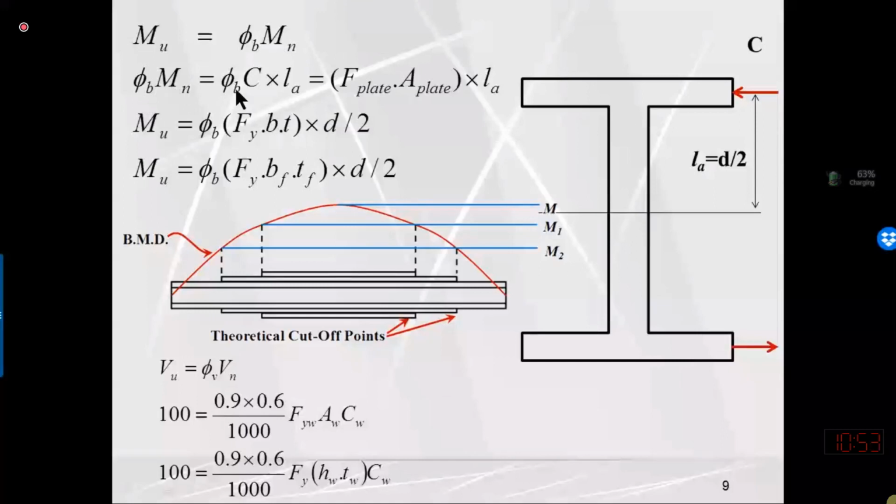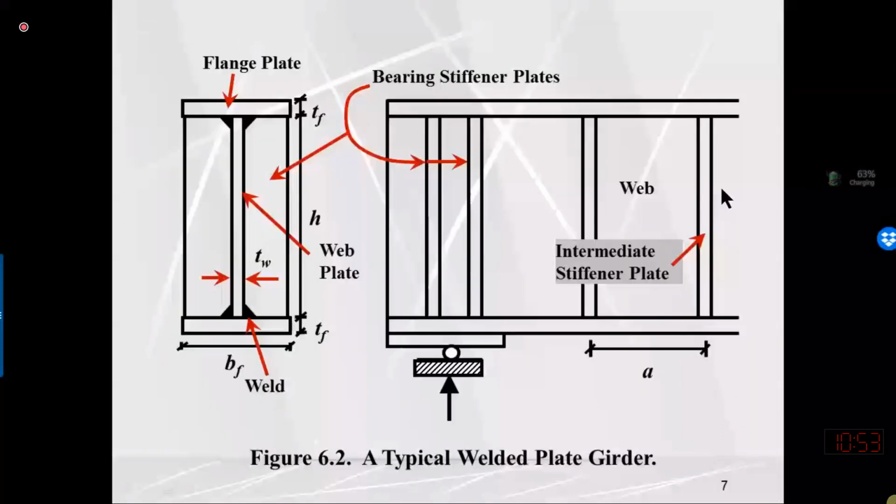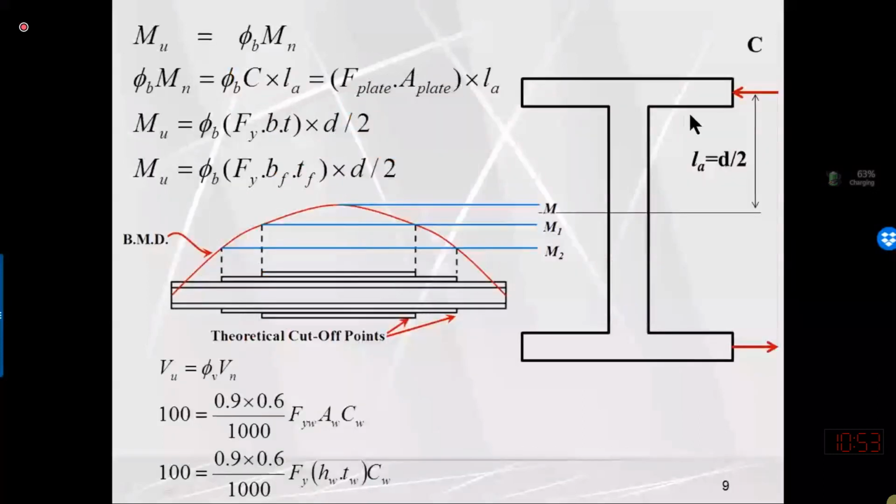This compressive force in the flange we can convert into stress multiplied by the area of the flange plate, because we know that stress is equal to force over area. So force will be equal to the stress produced in the material into the area. The lever arm we can consider as d by 2 or h by 2. We can assume that the thickness of the flange is almost 0, so d by 2 is taken as half of the depth of the web.